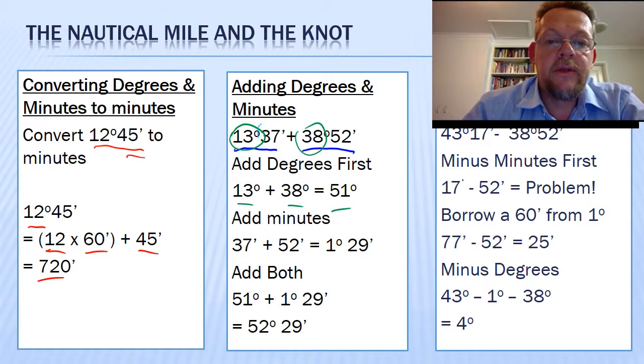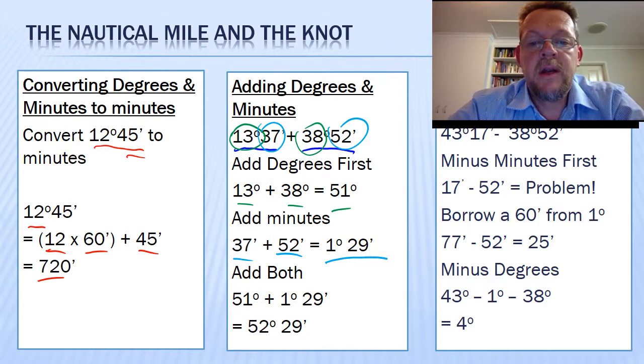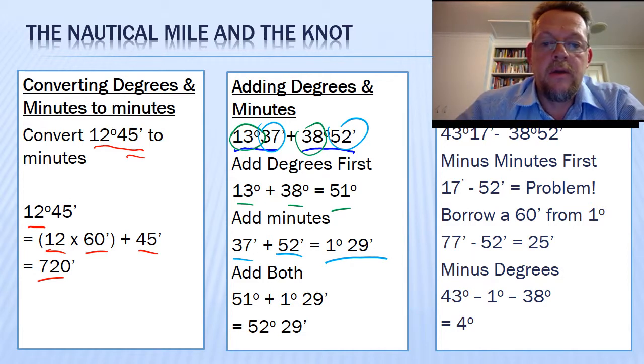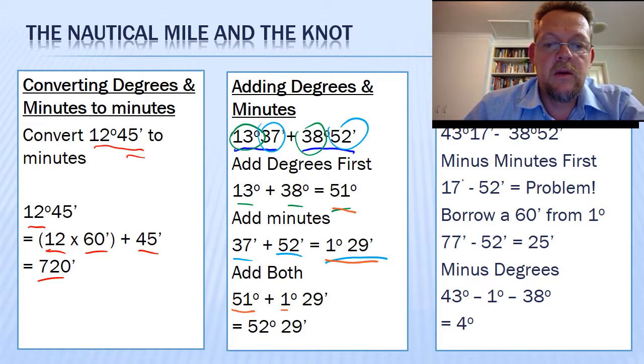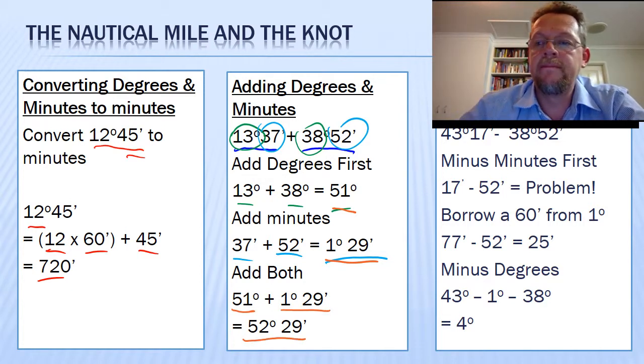Then we're going to get the 37 and the 52, add them together, and they will add to 1 degree and 29 minutes. Remember, once we hit 60, it's a new degree. So once we've done that, we're going to add the 51 degrees and the 1 degree and 29 minutes, and that should be a total of 52 degrees and 29 minutes.